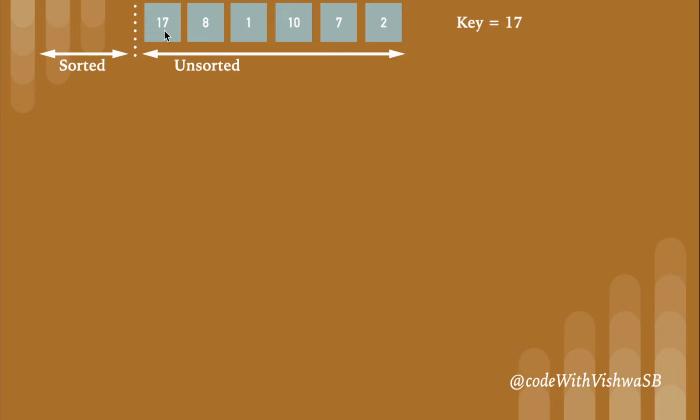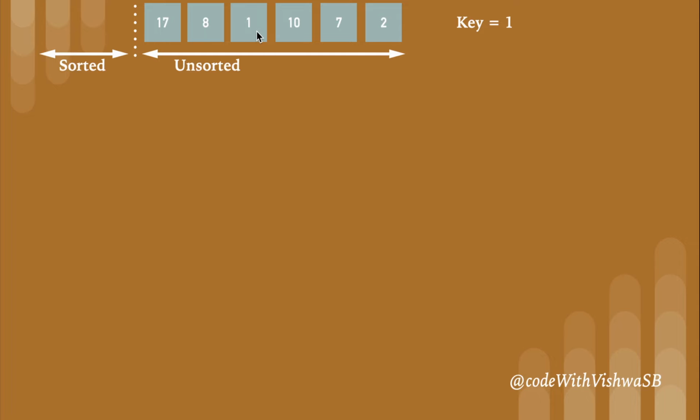So the next element is 8. Hence, 8 is less than the key element, so update the key as 8. Continue to find if there is any other smaller element than 8 till the index reaches the end of this data. So we got another small element, that is 1, and now update this key as 1.